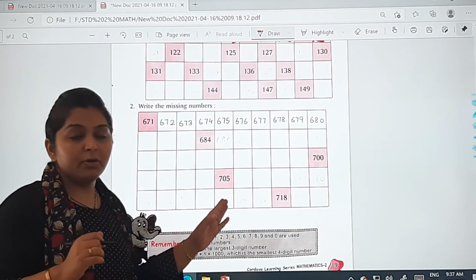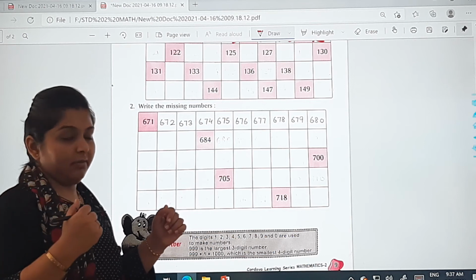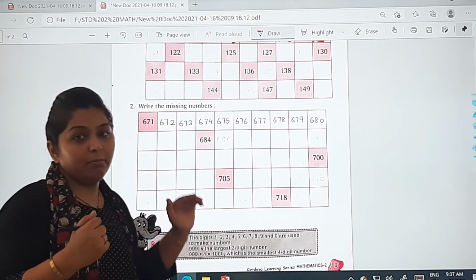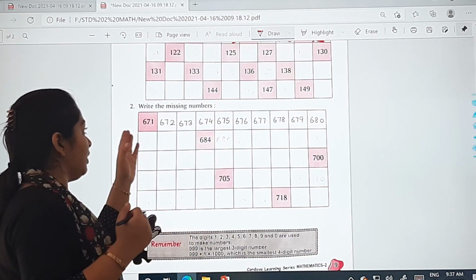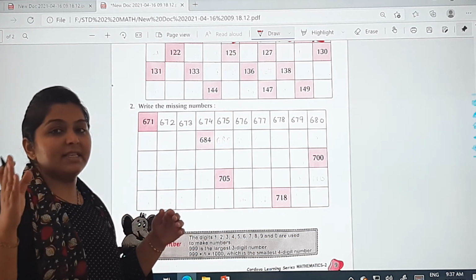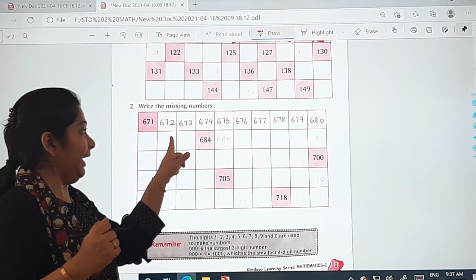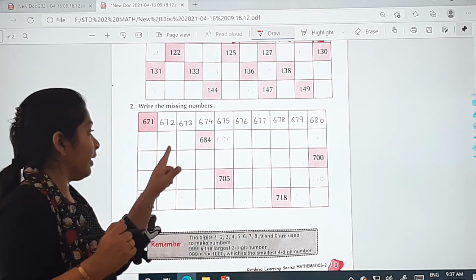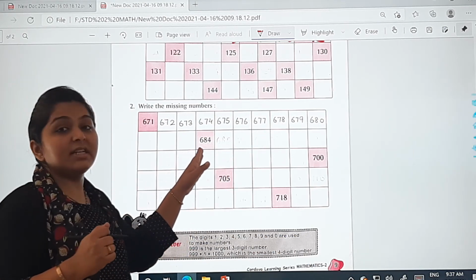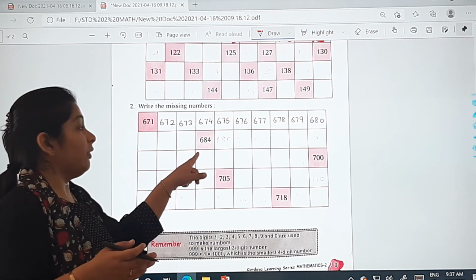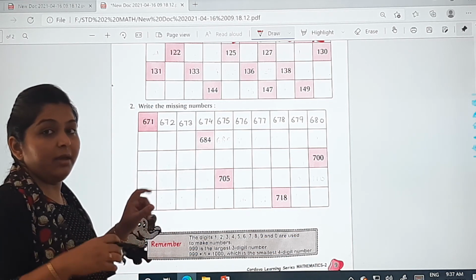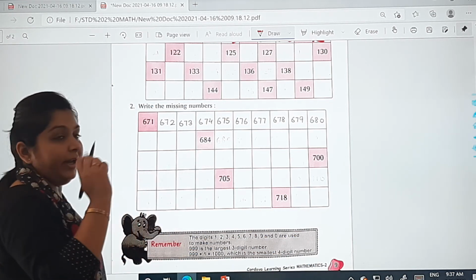Now in question number 2 some big numbers are given to you. See, the first one ma'am has already done for you. It is starting with 671. So you will complete it till 680 like this. Second line, 684. The missing number is given, 684.